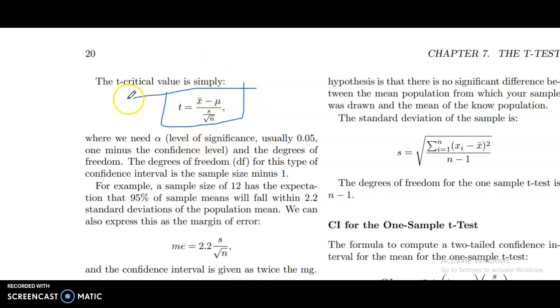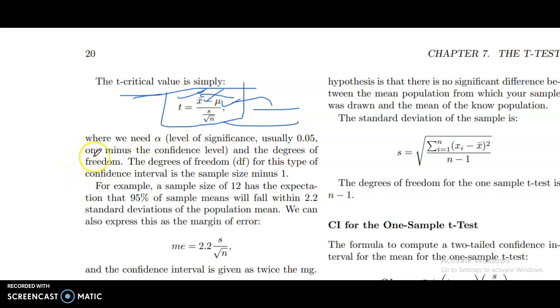That is, we take x bar, subtract mu, and divide by s divided by root n, and then we get the t value.